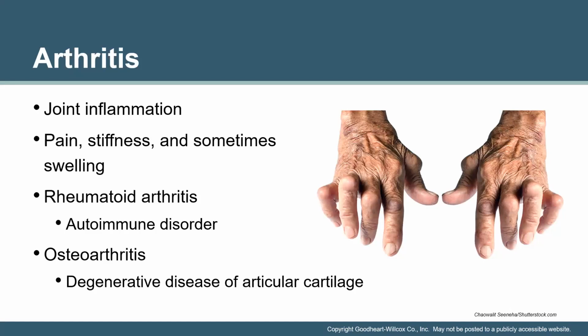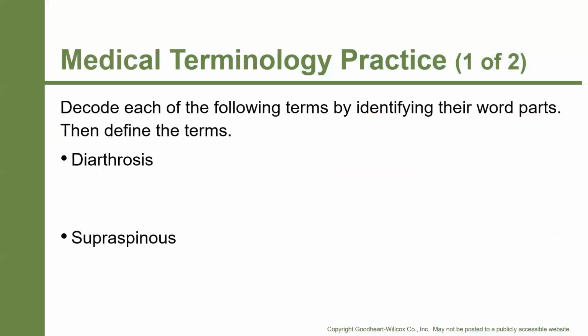It will create pain, stiffness, swelling, and probably turn red. Osteoarthritis is a degenerative type of arthritis where the articular cartilages get broken down and really turned into bone.